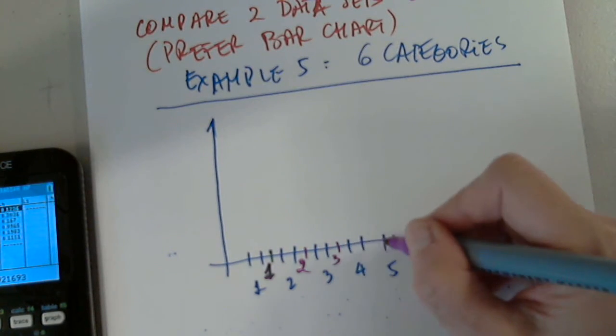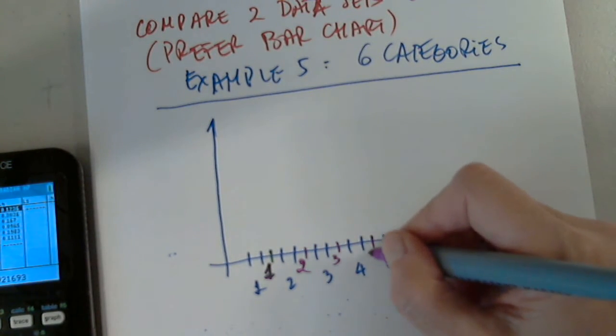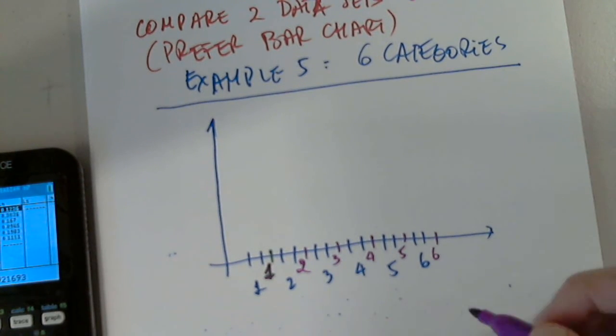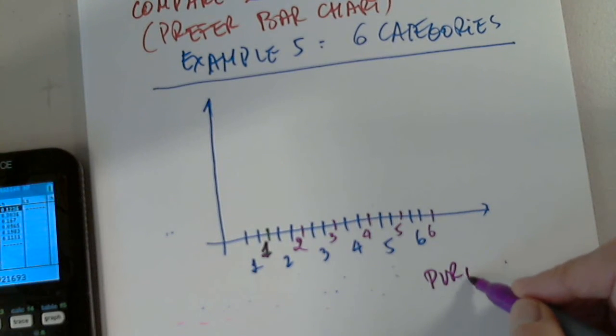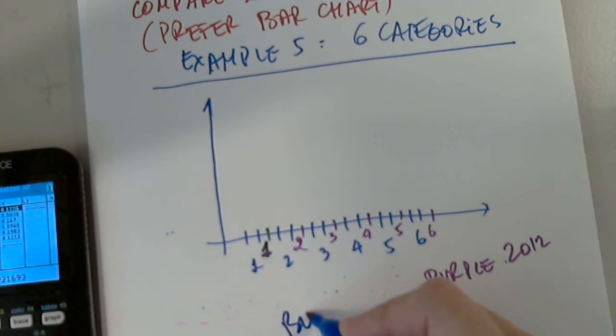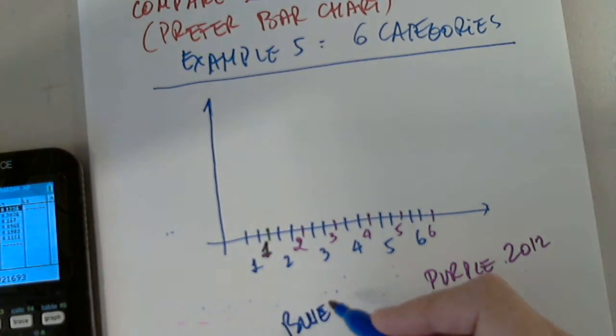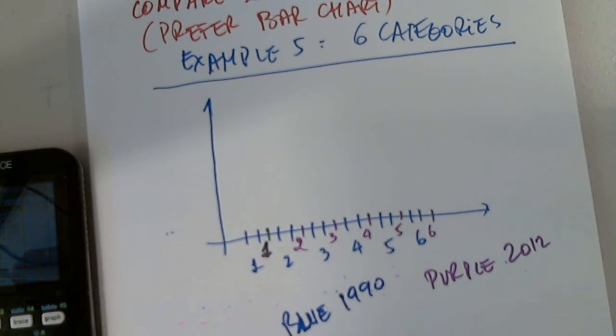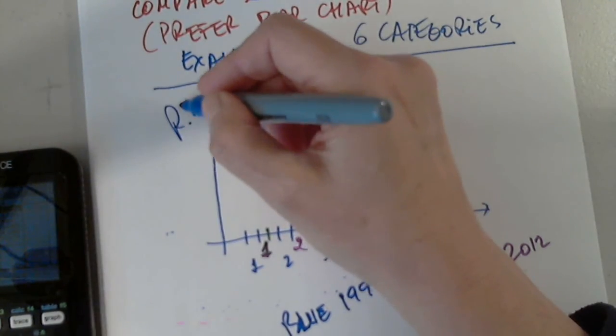What you see in purple will be 2012. So purple, 2012, and blue, 1990. Yeah, 1990. Okay, very good. So this is the relative frequency.